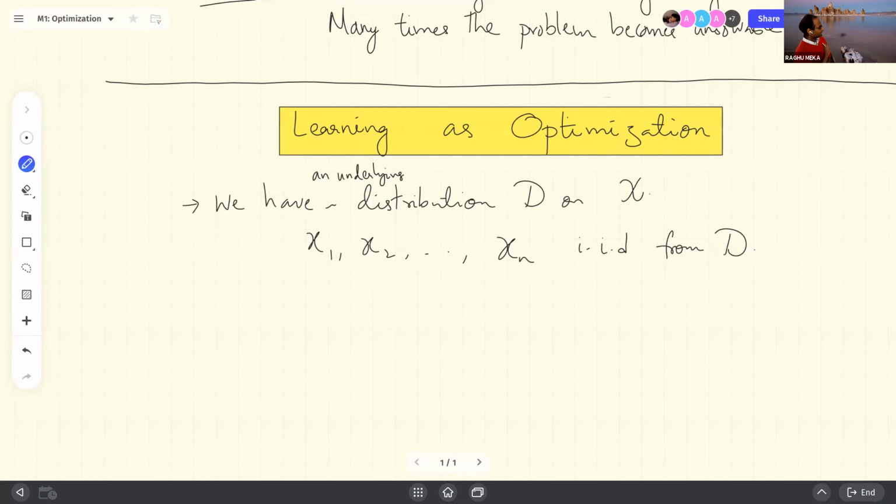And empirical distribution just means this: if I just output a random xi from my data set, that's a new distribution, and that's called the empirical distribution. It's in some sense supposed to approximate my underlying distribution. And it's called empirical because it's generated from what you've seen so far. Okay, that answer your question?